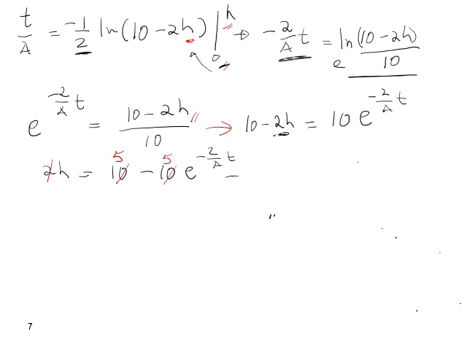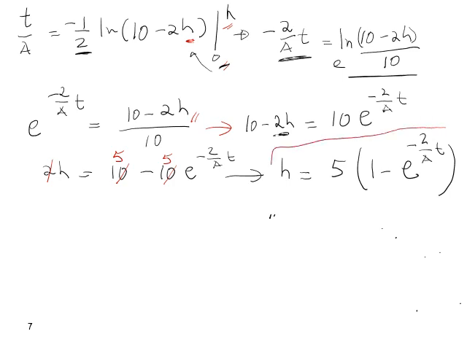So from here I can say h is equal to 5 open bracket 1 minus e to the power minus 2 over A times t. Okay, so this is my final equation. h is a function of t.